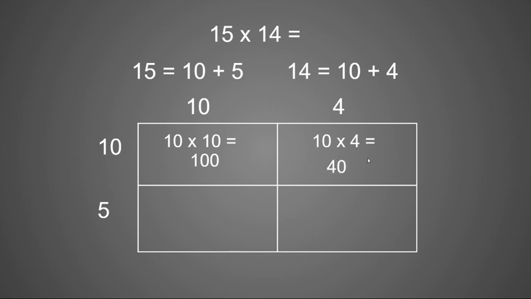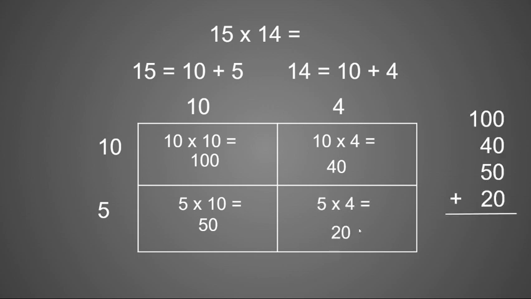Now I'm done with my top row. Now I'm going to multiply through my bottom row. I'm going to take 5 times 10. 5 times 10 is 50. Then I'm going to slide my 5 over and multiply it times 4. 5 times 4 is 20.